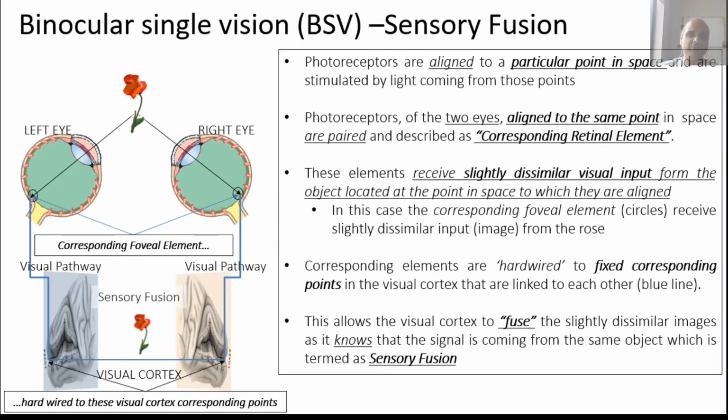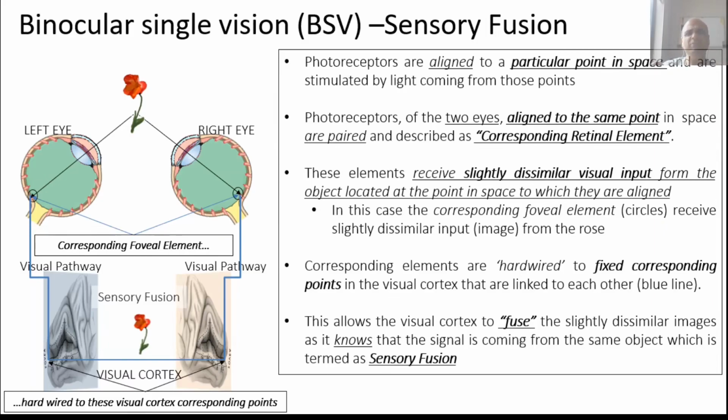And the visual cortex knows, oh yeah, these photoreceptors are picking up light from this point in space, and they always end up here. And I know that from both of these eyes, they are sending signals from the same point, because normally they are aligned to the same point in space, the corresponding retinal elements, and I can fuse them to make one image. So this is the entire science behind sensory fusion.